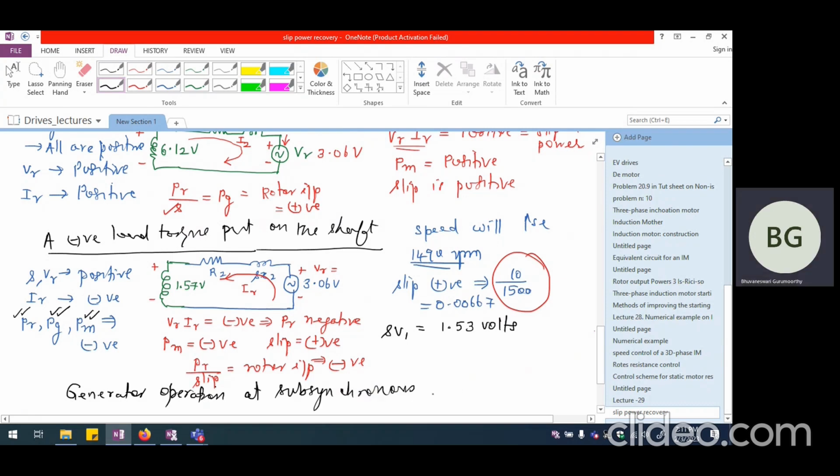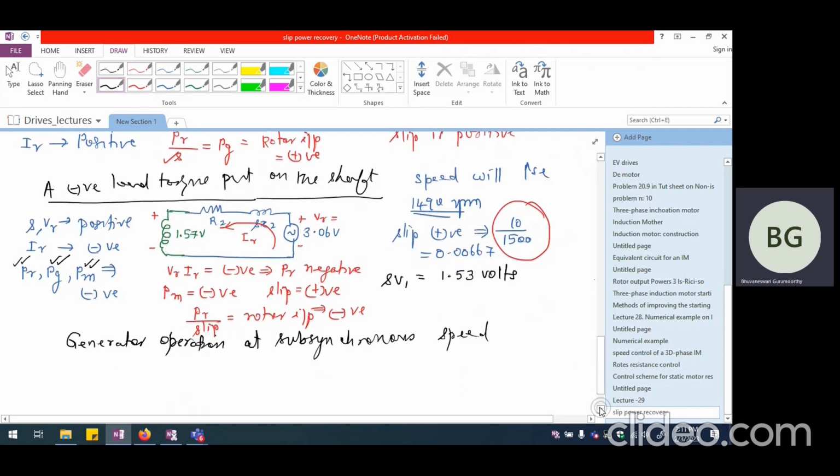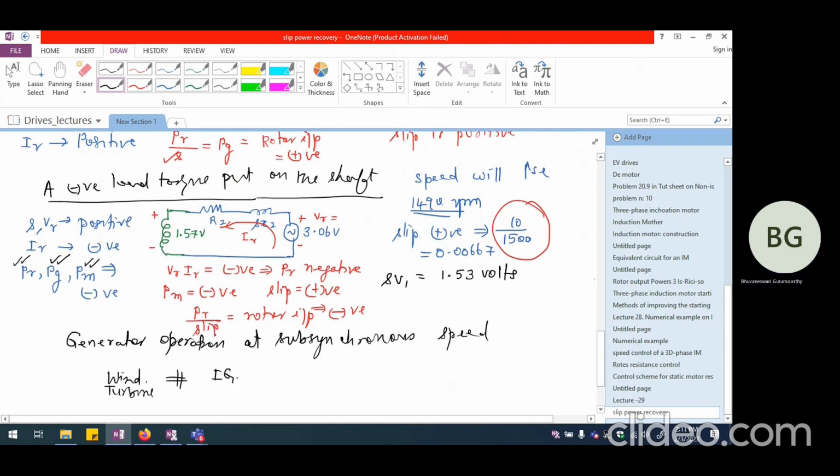So what is happening is, let us say I have a wind turbine, and that is being coupled to my induction generator. The wind turbine may be rotating at a lower speed than synchronous speed. So let us say the speed is going to be less than synchronous speed.